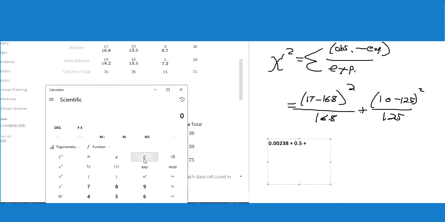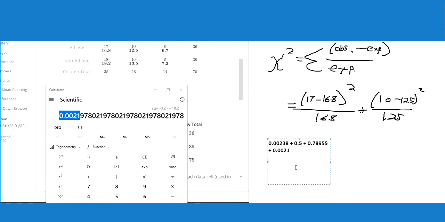That's nice and clean. And then we got 9 minus 6.7, square the difference, then divide by that expected number on the bottom. We got 18 minus 18.2, square the difference, then divide by 18.2.